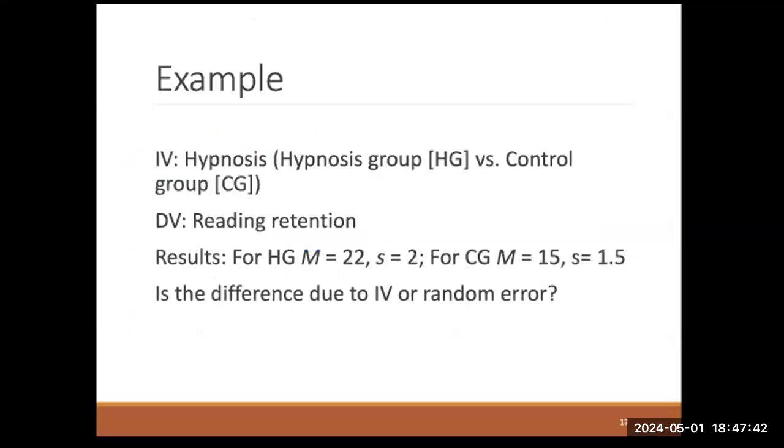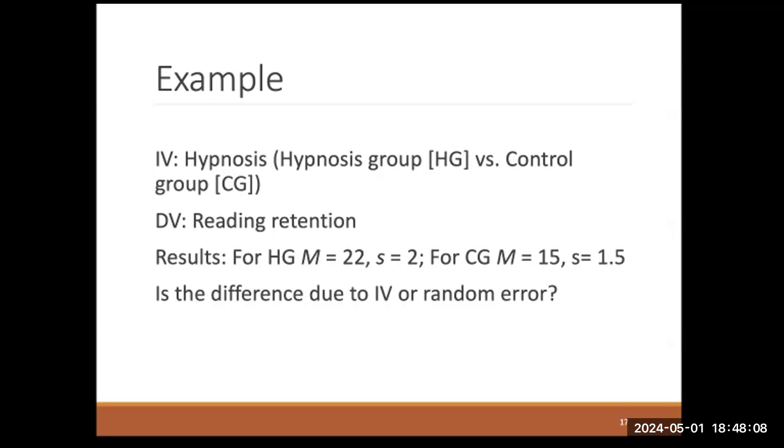Right, for example, let's say we had a study to see if hypnosis would actually help people in terms of their memory retention. So we have the hypnosis group, or HG, and then we have the control group, CG. The dependent variable is reading retention. The results we got is that for HG, the mean number of words remembered was 22 with a standard deviation of 2.